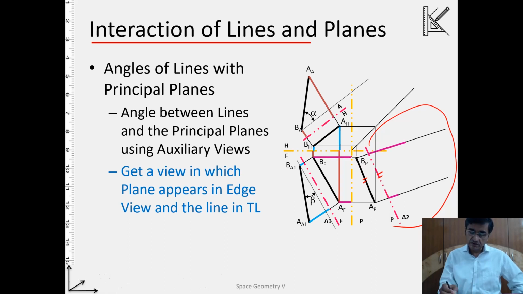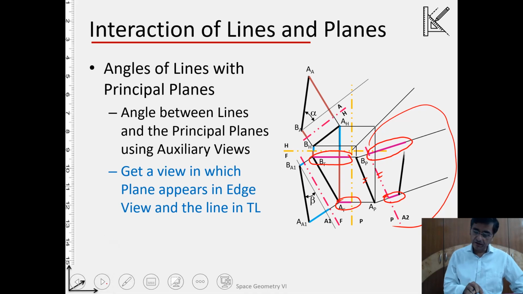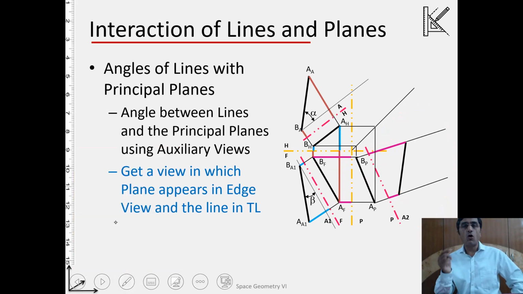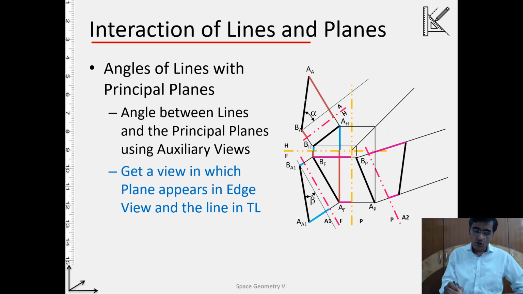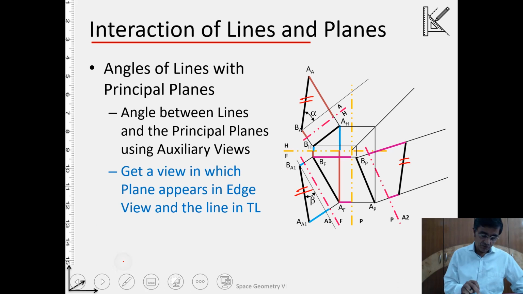So please notice this distance is the distance here, and this distance is the distance here. Alright, and then we connect it, so we get the true length of the line on the auxiliary plane, and all these three are the true lengths, so they should be the same. Again, with the edge view I can measure the angle, and this is the angle gamma.